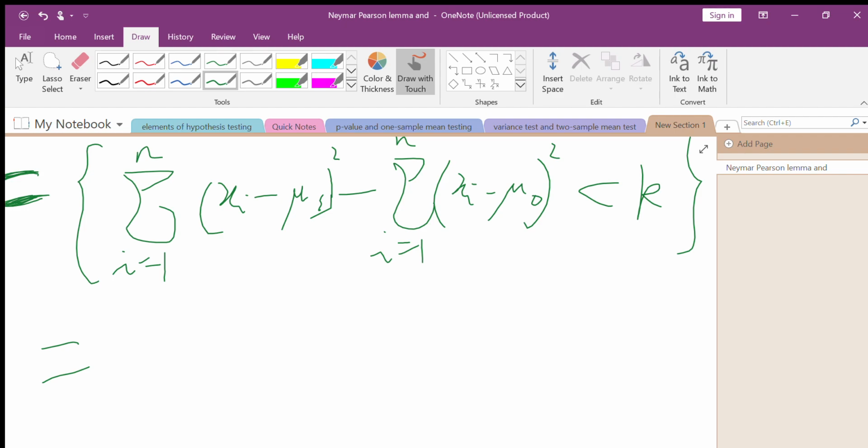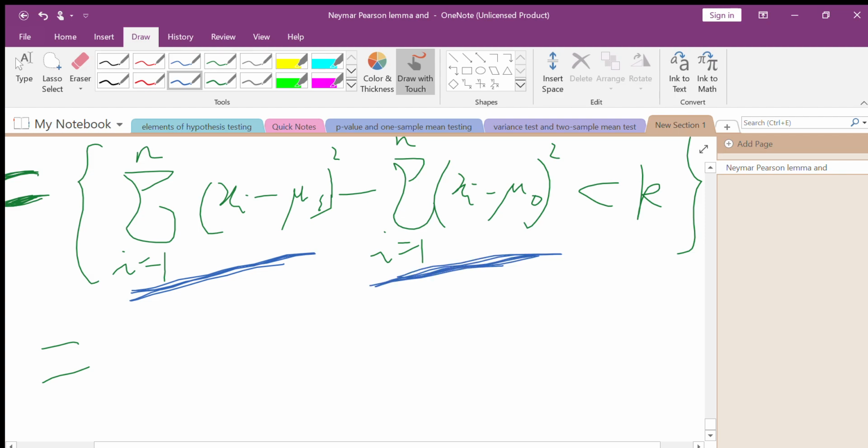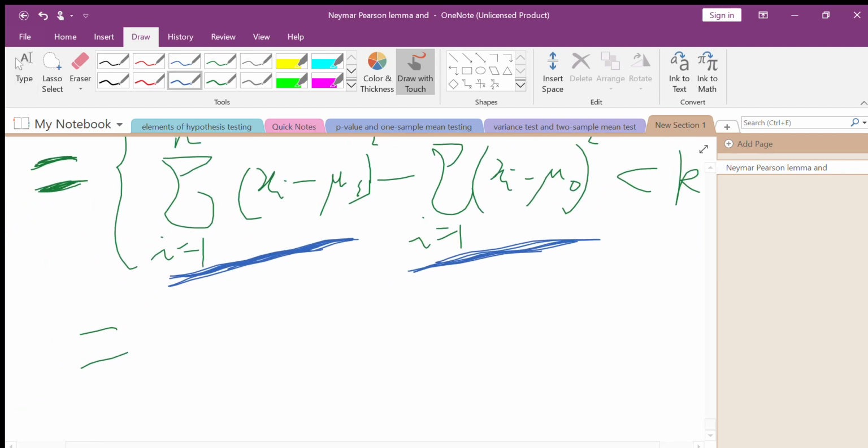And what to do next? The next step is to expand the two summations of square terms. So we write xi squared minus 2 mu1 xi plus mu1 squared, minus xi squared minus 2 xi mu0 plus mu0 squared, do the subtraction, and rearrange. You can check by yourself later; it's just simple algebraic operation.